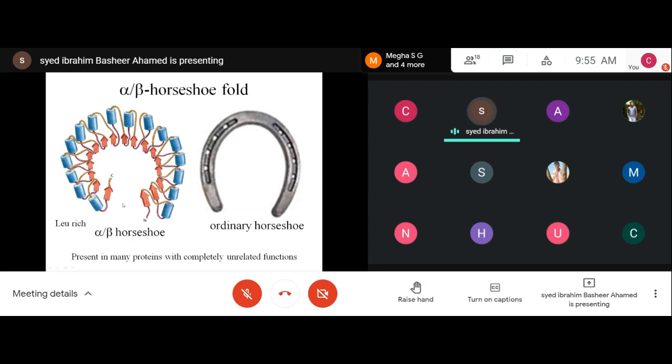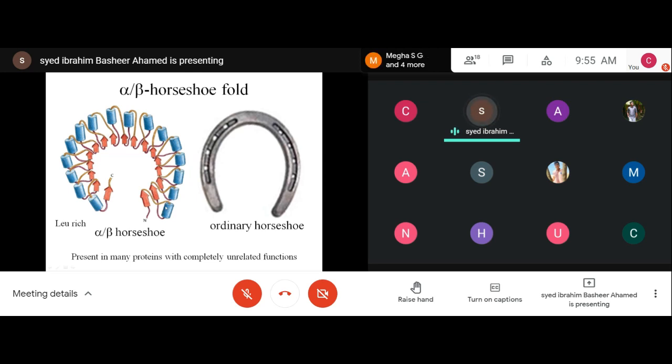So it's making a layer between strand and alpha helices, which is the hydrophobic layer. Unlike a TIM barrel, it is making only one hydrophobic shell, which is between strand and alpha helices.